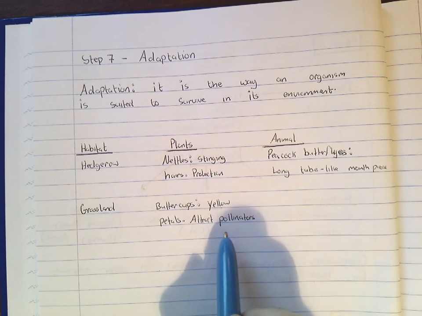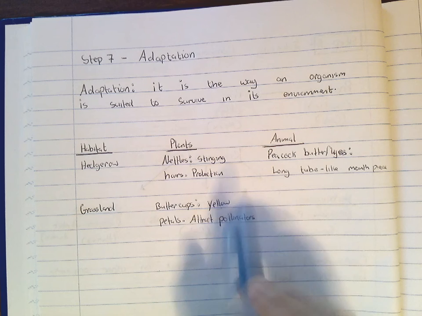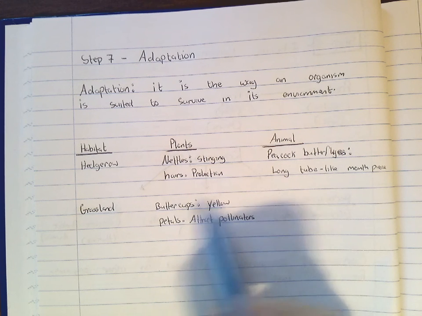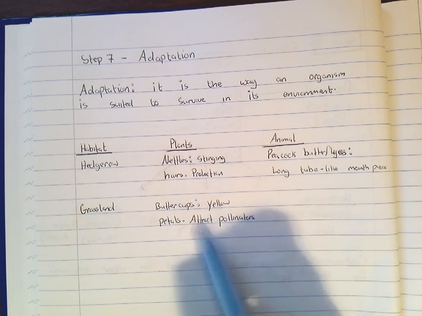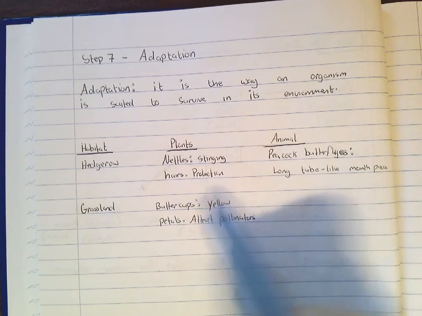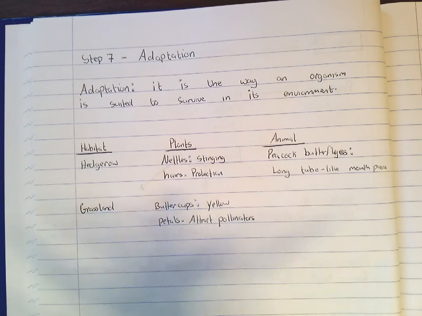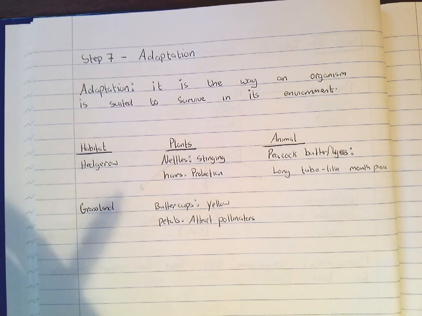So basically they attract these pollinators, which are insects, and it helps this particular plant, the buttercup, to spread its pollen. These yellow petals are perfectly adapted, and they attract particular types of insects that are then able to spread around their pollen.